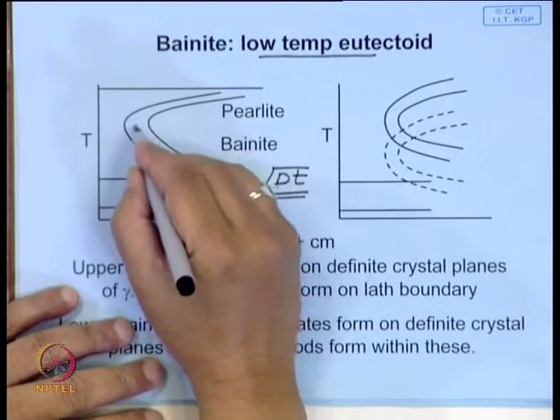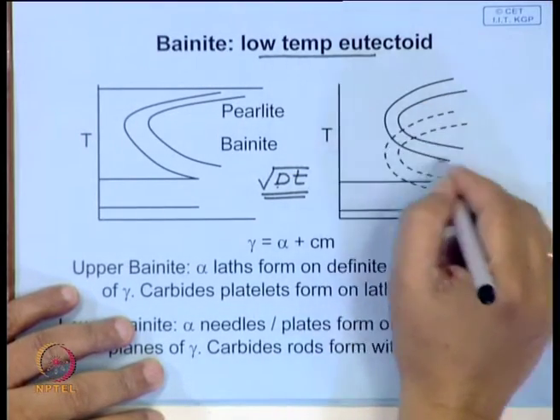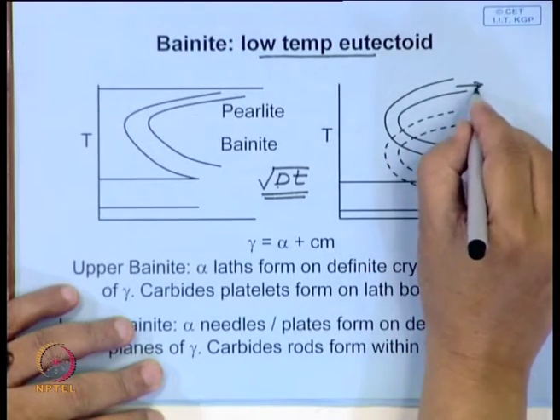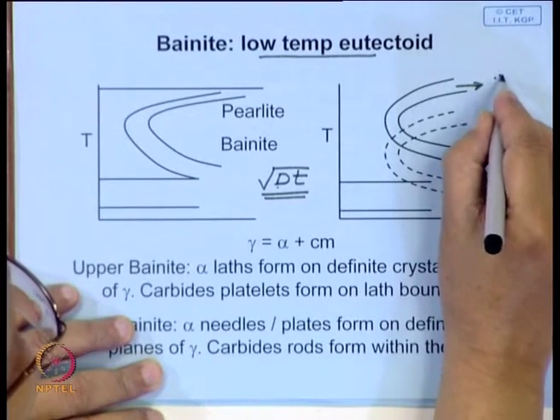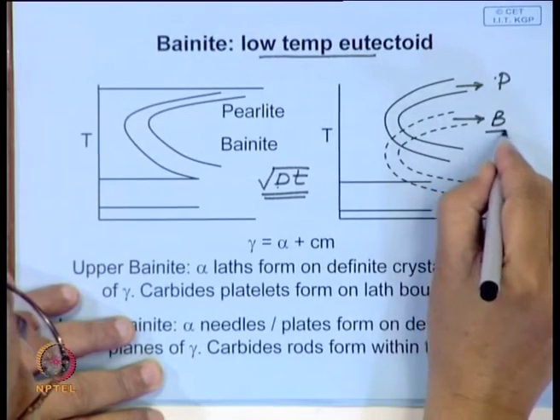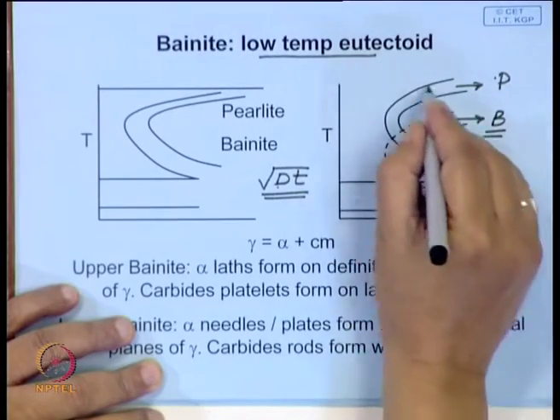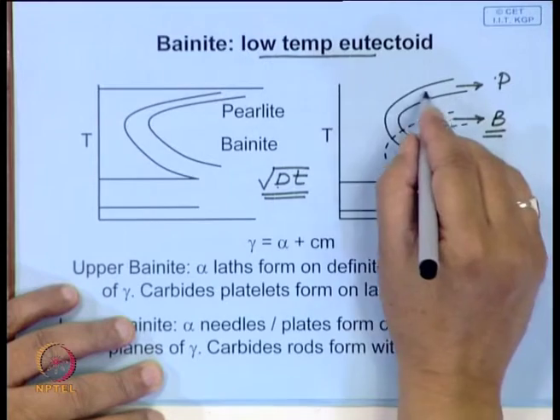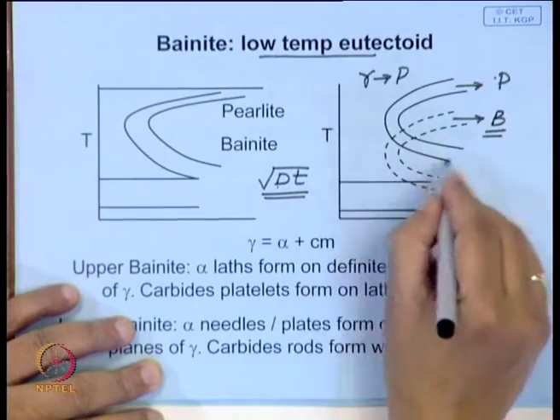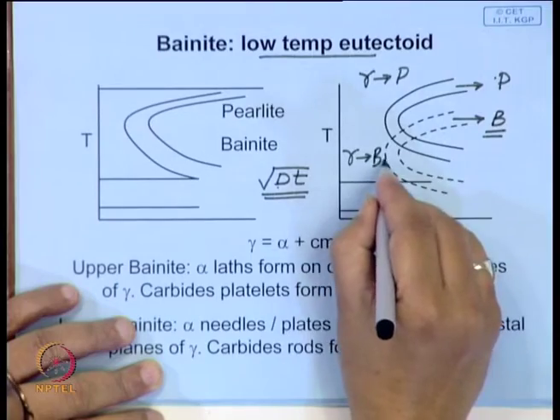One can visualize that you have two sets of C curves. This is the set of C curves for the pearlitic transformation, representing isothermal transformation decomposing austenite into pearlite. You also have a bainitic C curve, a similar C curve for decomposition of austenite to bainite, which is this.